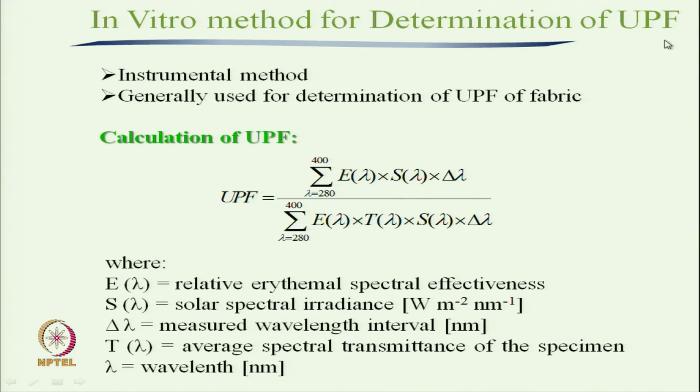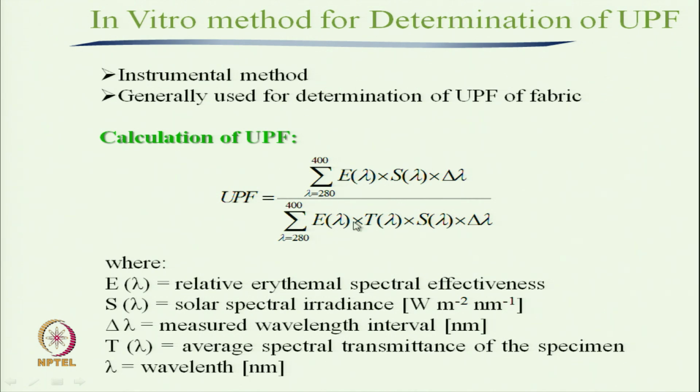As I have mentioned, UPF is basically measured without any human object; it is an in vitro measurement, a ratio of the ultraviolet ray coming without any protection in air, and through the material, protective clothing or any sun protection lotion.